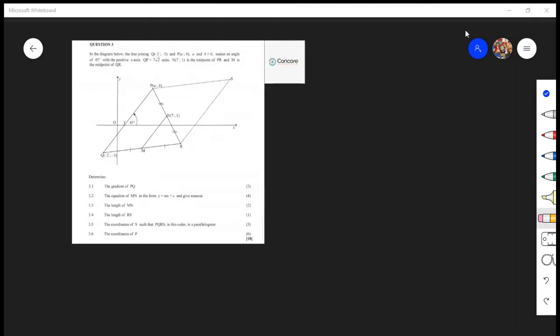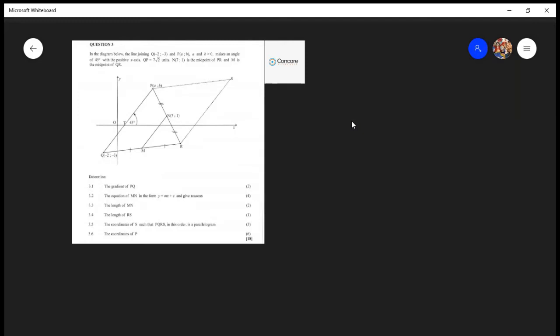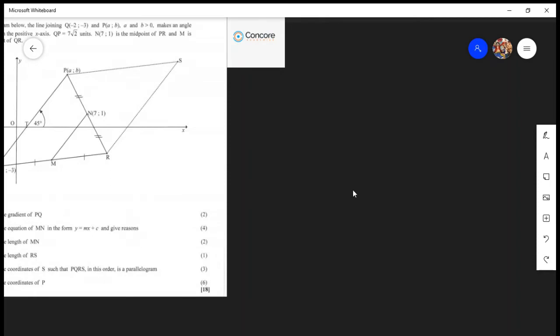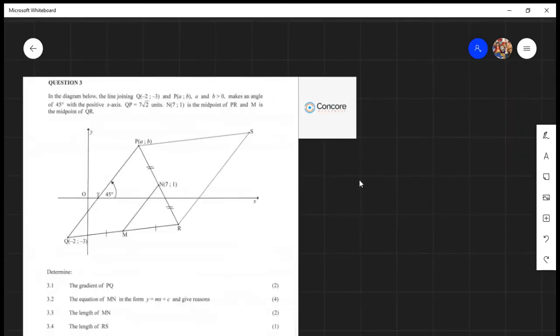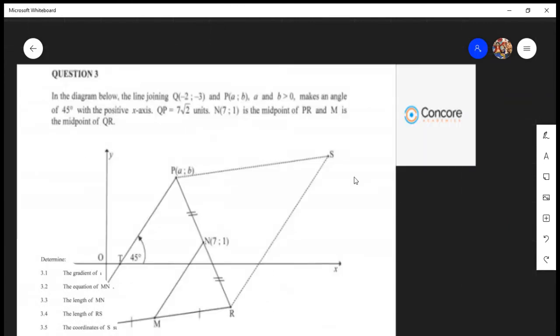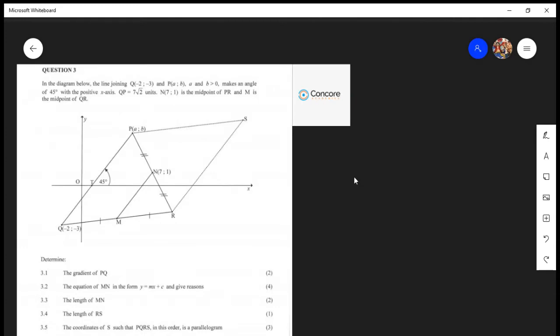Okay, so our last question, question 3.6. Question 3.6 says determine the coordinates of P, right? So P is that one there on top that's got our X value as A and our Y value as B. So let's see, how can we do this?